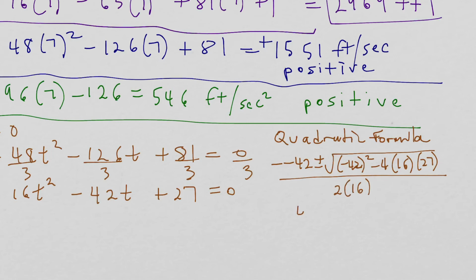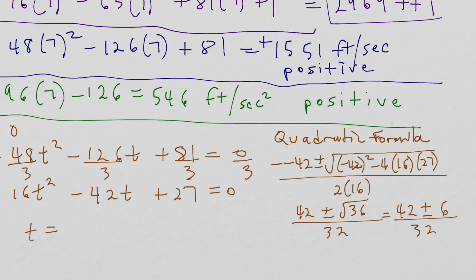So that's 42 plus or minus the square root, which turns out to be the square root of 36, divided by 32. So that's 42 plus or minus 6 divided by 32. So I've got 2 times there.